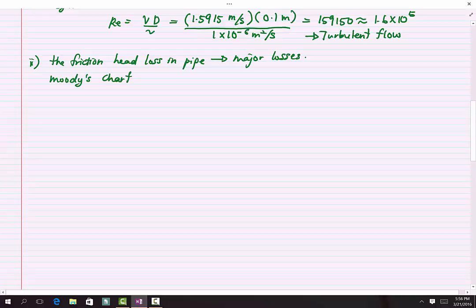To determine the friction factor, the first step, you must know the value for Reynolds number. You already got the value for Reynolds number in your first question.